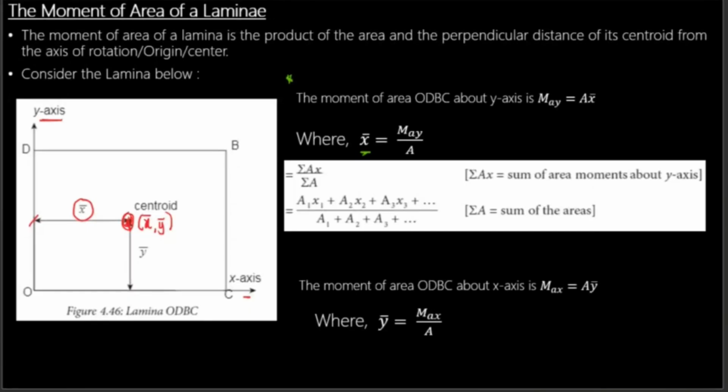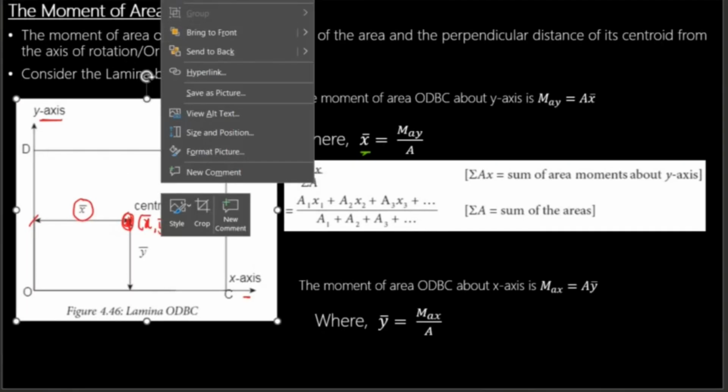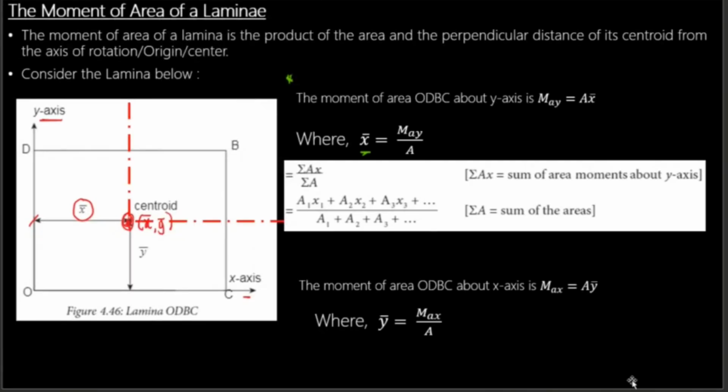The moment of area is the product of the area multiplied by the distance from the axis of rotation. I'm going to put the axis of rotation now. I have two axes of rotation there: this is the Y axis of rotation, and this is the X axis of rotation.